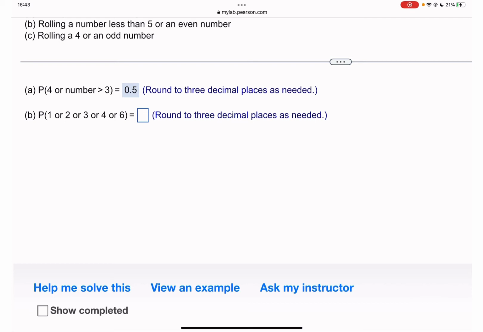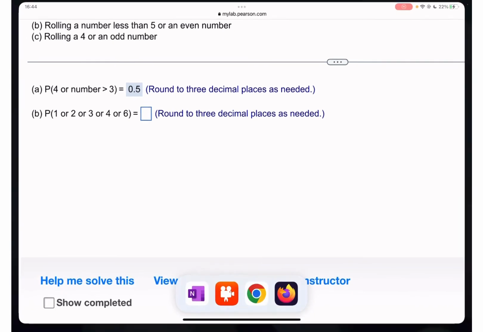So all that is missing is 5. So either we can add 1 over 6 five times, or we are missing there 5. Probability of 5 is 1 over 6, right?